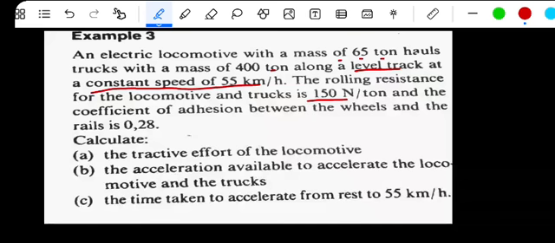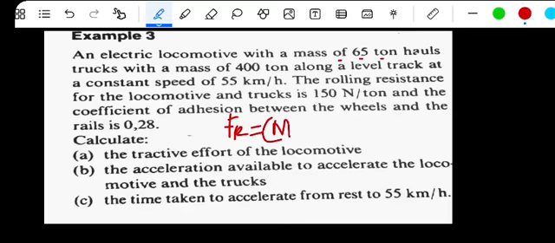So anyways, you must know that if you have a rolling resistance, FR is appearing on the wheels.